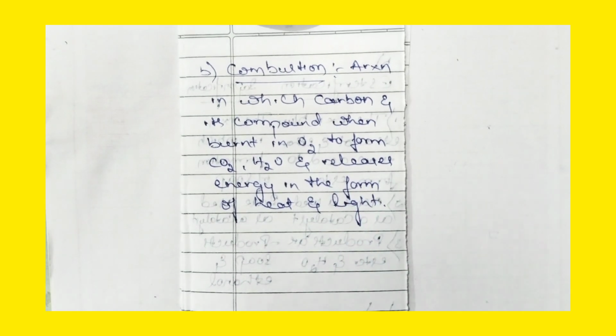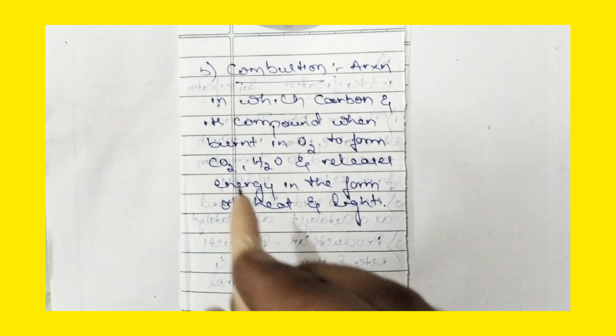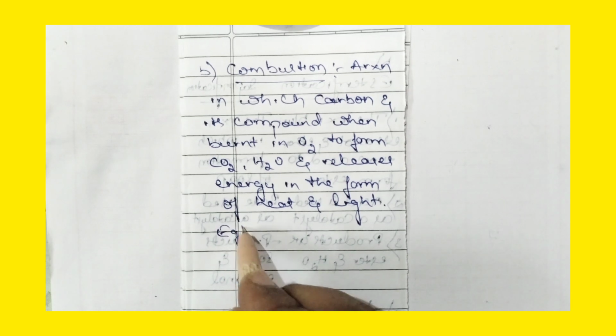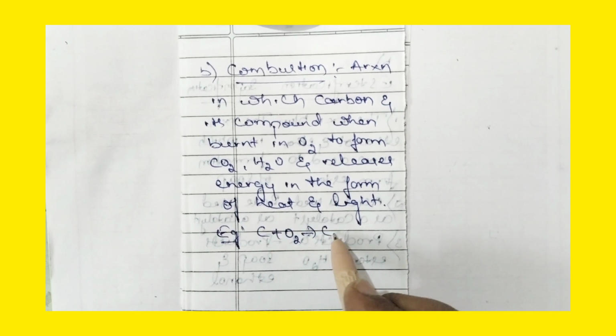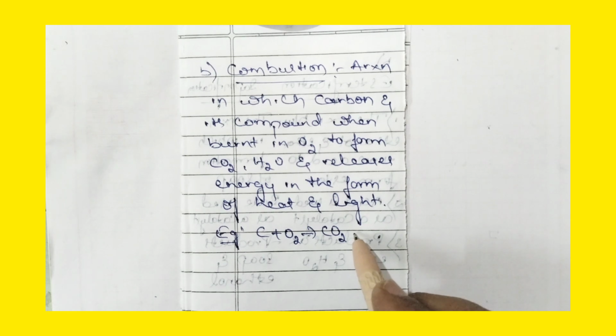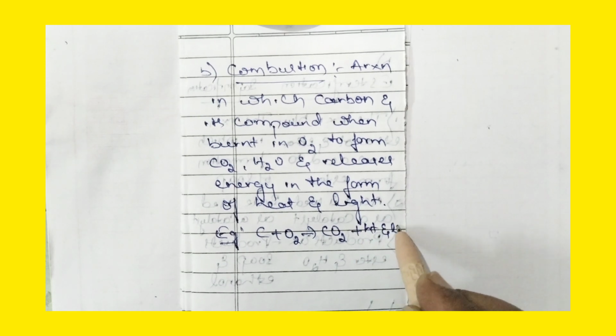So this is called combustion. Example for combustion: when burnt in air, it forms carbon dioxide, along with the carbon dioxide, it releases energy in the form of heat and light.